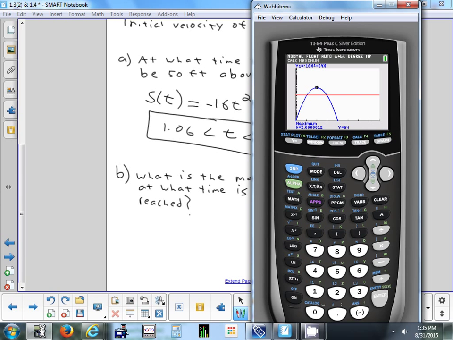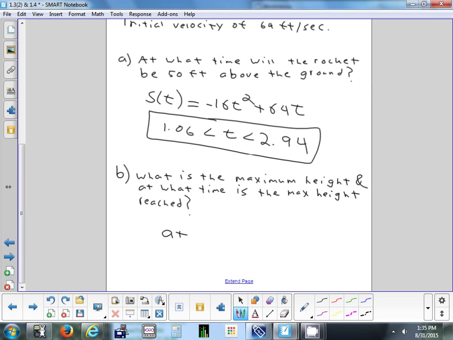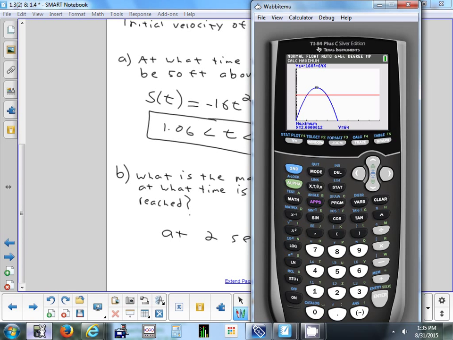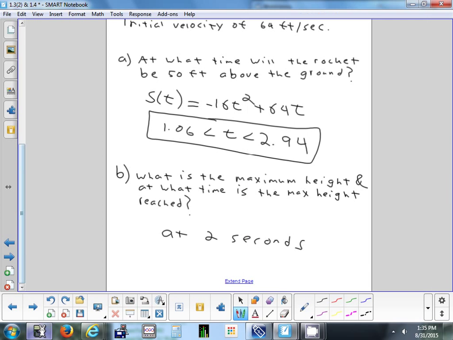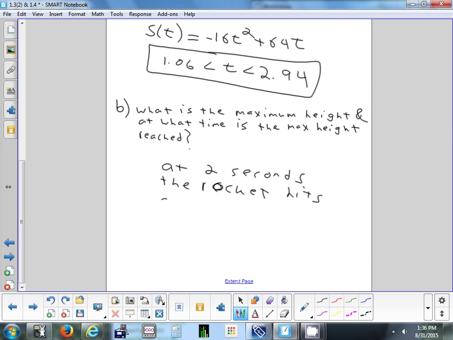2. So at 2 seconds, what's the maximum height? 64 feet. Okay, so at 2 seconds, the rocket hits a max height of 64 feet.